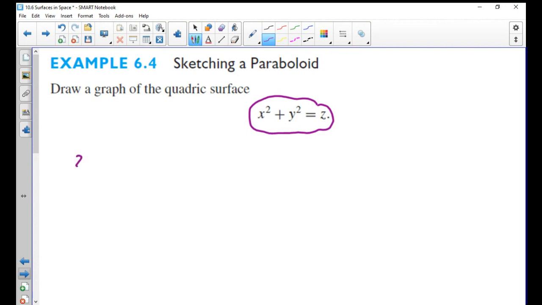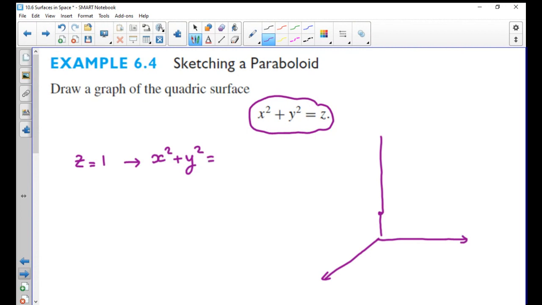For example, if I take the value of z equal to 1, yeah? What happens when z is 1, for example, in this equation? I will get x squared plus y squared equal to 1. What is this equation?